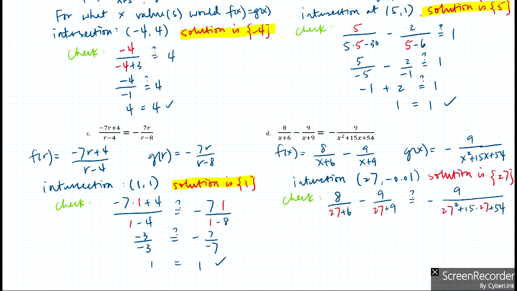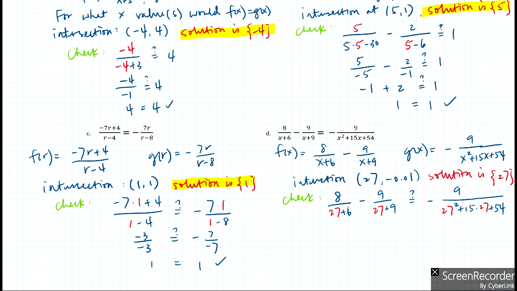And in general, we're expecting the number to be messy in this one just because if you look at the y-coordinate of the intersection, it's negative 0.01. That means when I plug the input into each side, I'm expected to get negative 0.01, which I suspect might be a rounded value. And in case you didn't notice when we were checking our solution, for example, in part C over here, we found this intersection is at 1, 1.